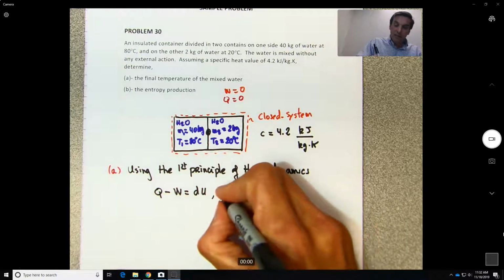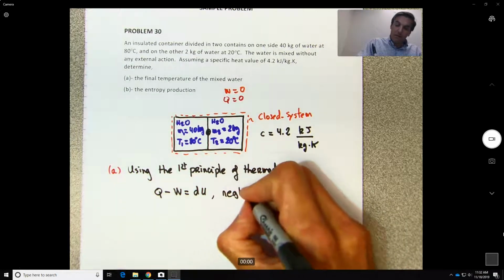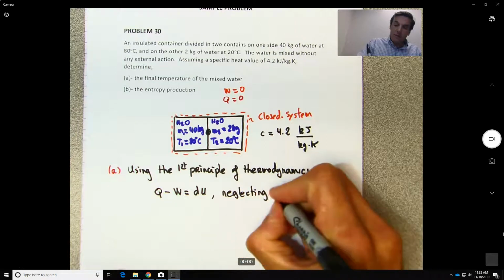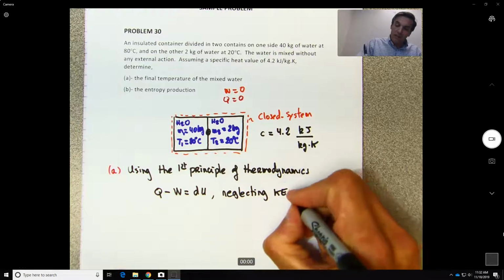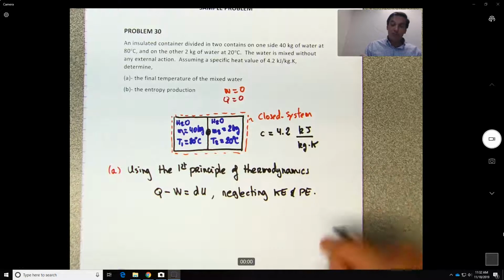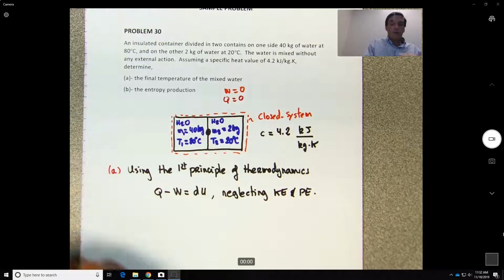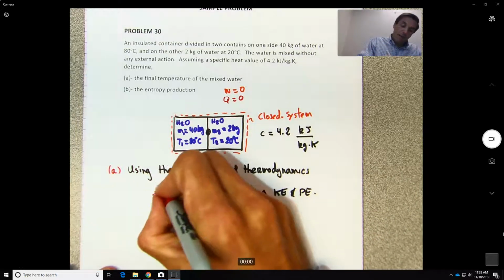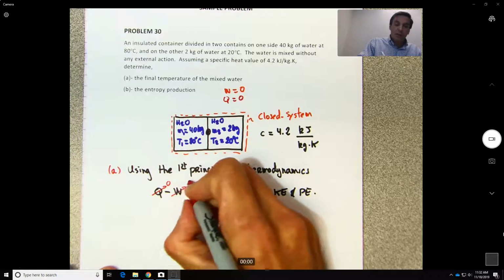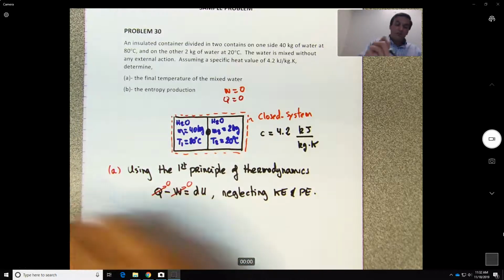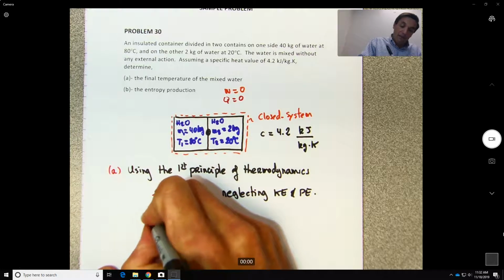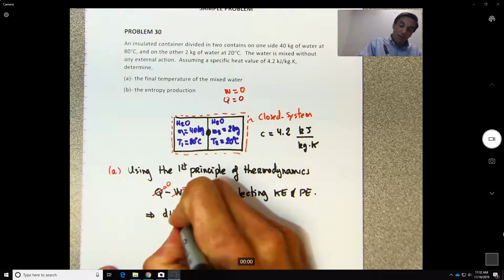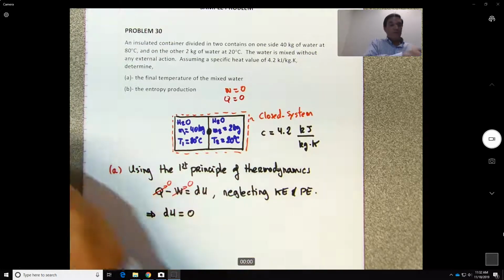This is neglecting kinetic and potential energy. We know that we don't have any heat because it's insulated, we don't have any external action, so basically what we have is that dU is equal to 0.